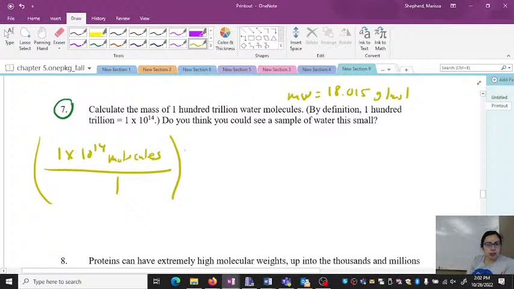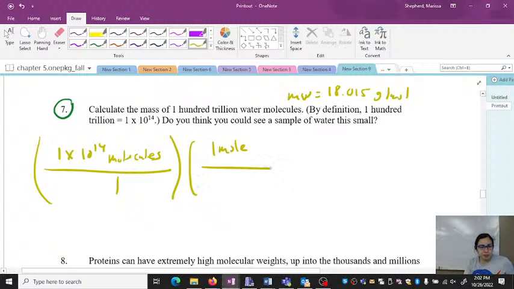But then I can't just go from molecules to this yet, right? I need some factors. So just looking at my units, I have grams, I have moles, but then I have molecules. So you have to multiply or divide by Avogadro's number. So excellent. So divide by Avogadro's first.